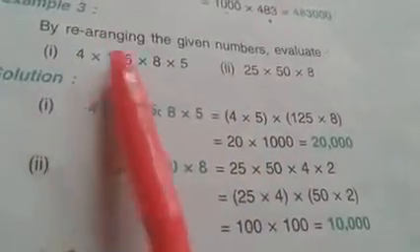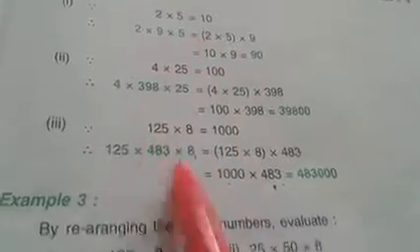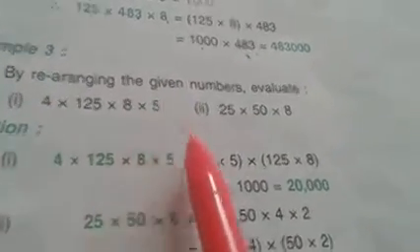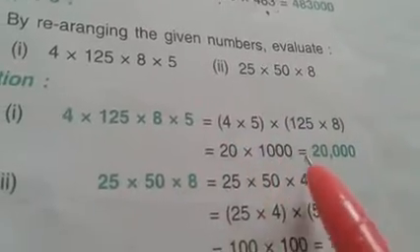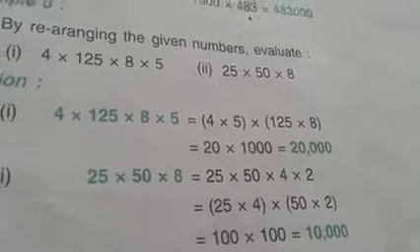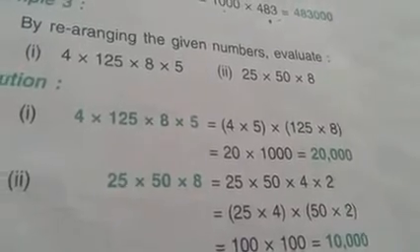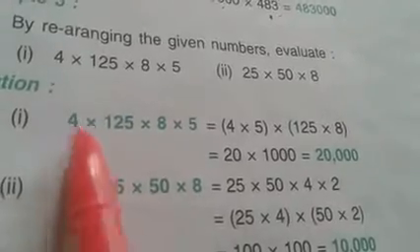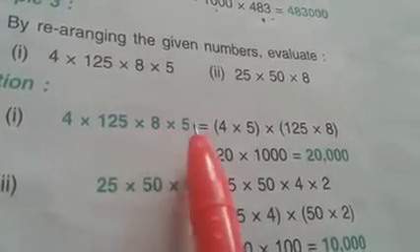Now this is again a different type of question. Here there were only 3 numbers which were multiplied. In this case you will see there are 4 numbers, 1, 2, 3, 4. So you have to do grouping in such a way that it again becomes easier for further calculation. So check 4 multiplied by 125 multiplied by 8 multiplied by 5.